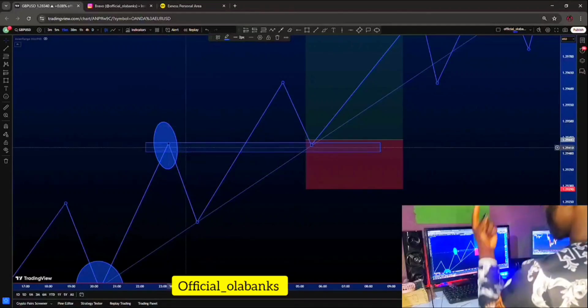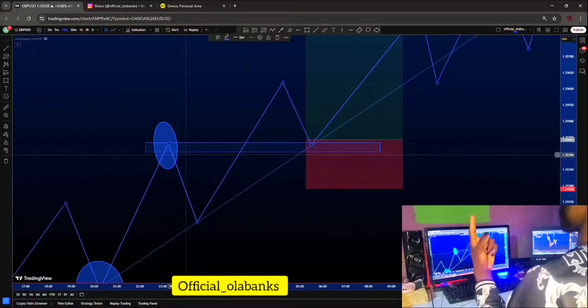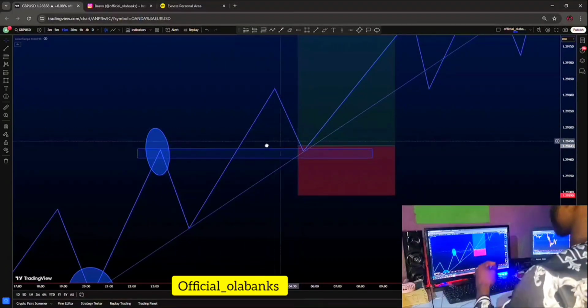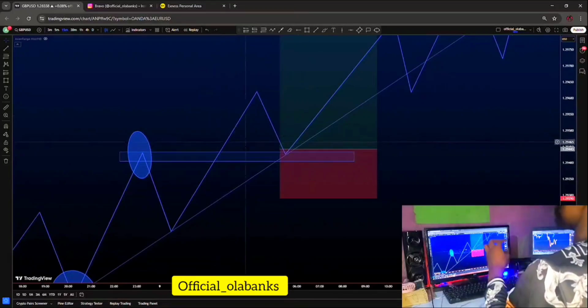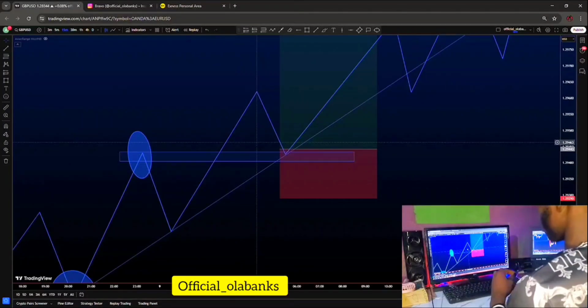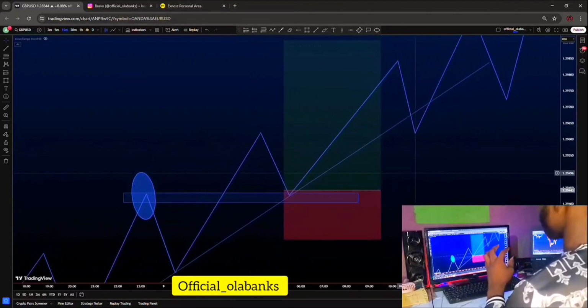Like I said, if it is touching it from below, it is called a resistance. But if it is testing it from above, it is called a support. Now resistance becomes support. It is also a confluence for your setup.